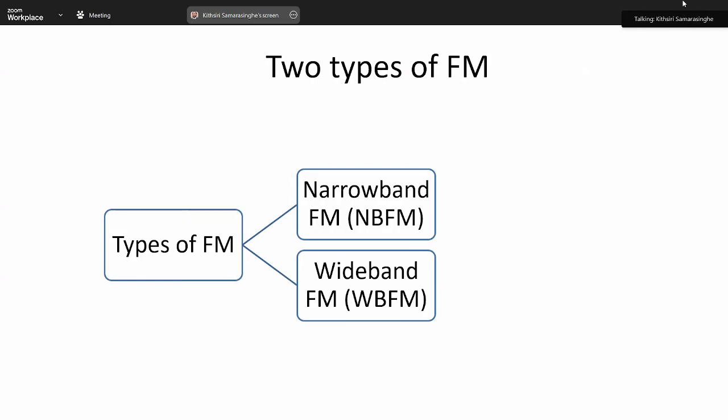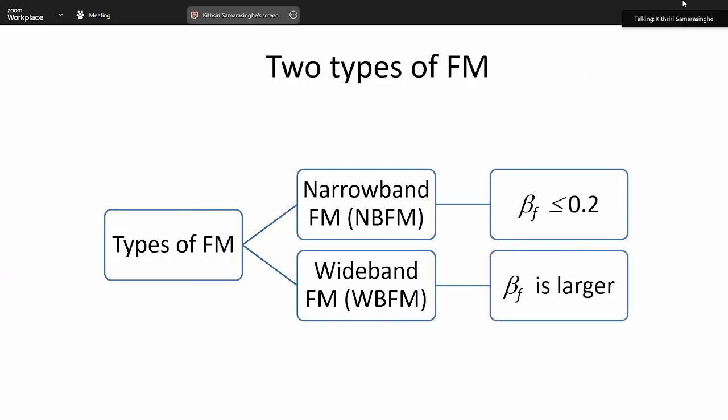In narrow band FM, you are using a modulation index less than 0.2, a very low modulation index. In wideband FM, your modulation index is larger than that. Why are we defining 2 like this? Because it gives us different quality.